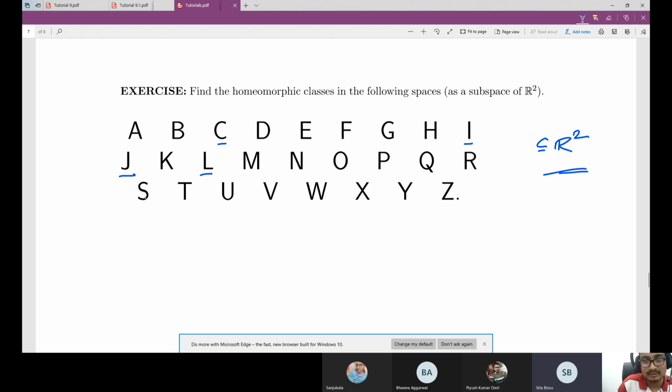Yes, L, then U, S, and V. What about V? सर अगर L है तो V भी हो जाएगा. हाँ, L जो है तो V भी हो जाएगा. E, Z, what about Z? No, sir. Y? Y Z is not homeomorphic to I.